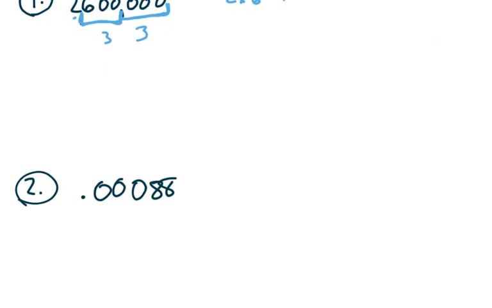Now, if it's written this way, we see 1, 2, 3, 4, so this becomes 8.8, because again, you need to have a digit between 1 and 10 times. Now, I jumped 1, 2, 3, 4, so this is going to be 10, but now this is going to be 10 to the negative 4.